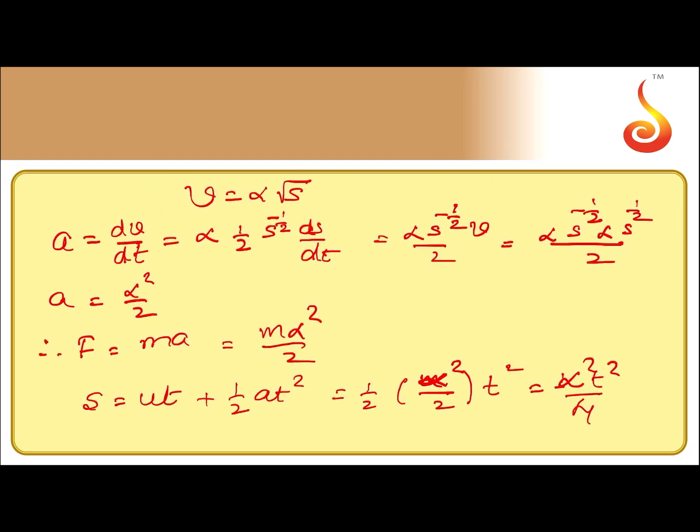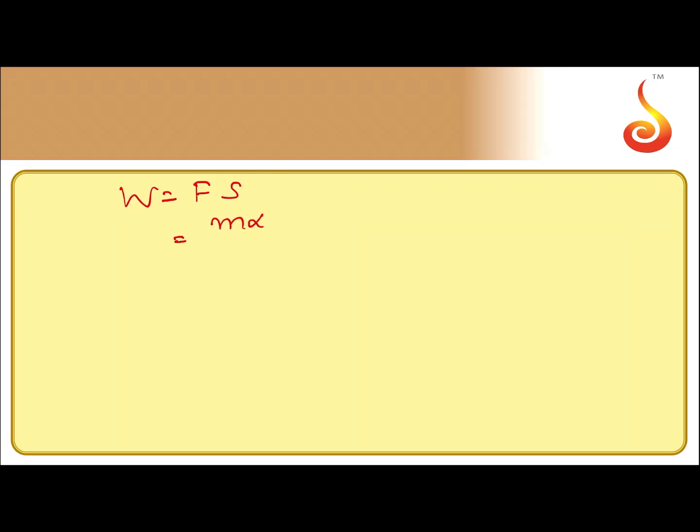And you know, work done is equal to force into displacement. Force has been found. What is that force equal to? Force is m alpha square by 2, and the distance is alpha square t square divided by 4. Thus it becomes m alpha to the power of 4 into t square divided by 8.